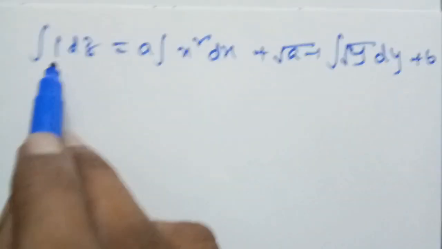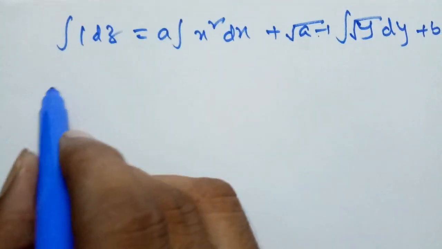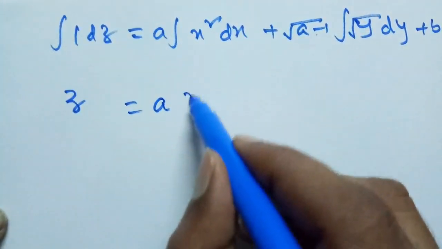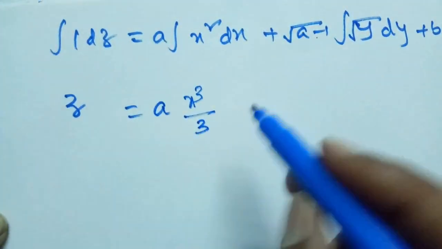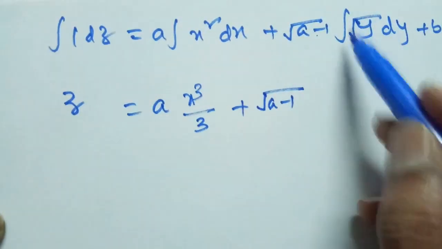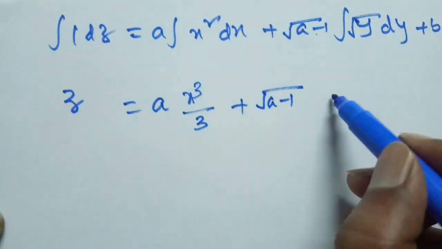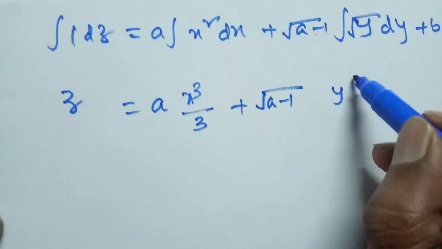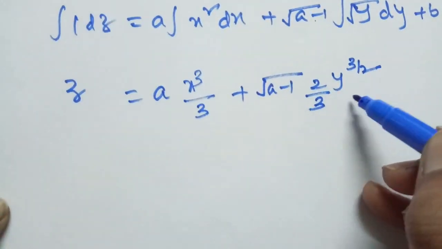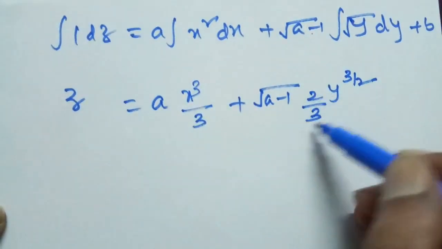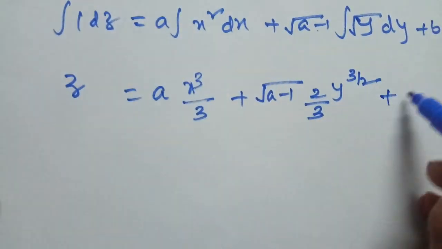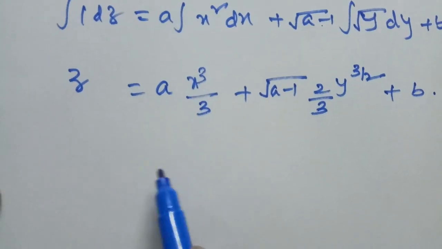Now the left hand side is integration of 1 with respect to z, which is z, equal to the right hand side: a into x cube by 3 plus square root of a minus 1, a constant, into integration of root y, that is y power 1 by 2 plus 1. So that is 3 by 2, and the denominator 3 by 2 is written in the numerator as its reciprocal 2 by 3, plus constant of integration.